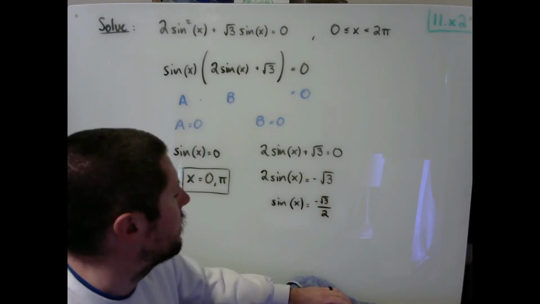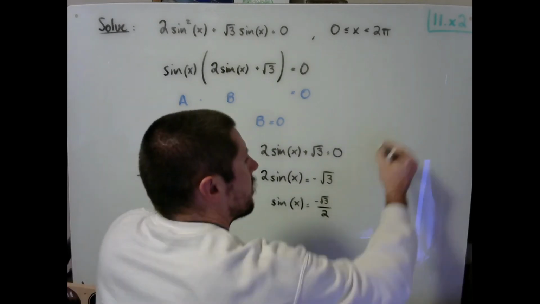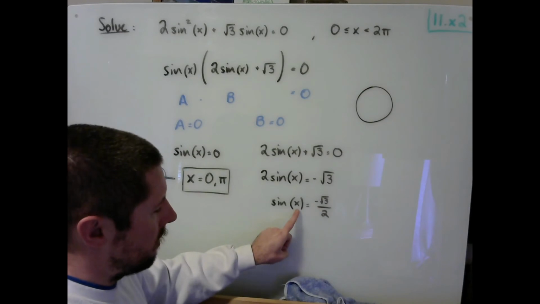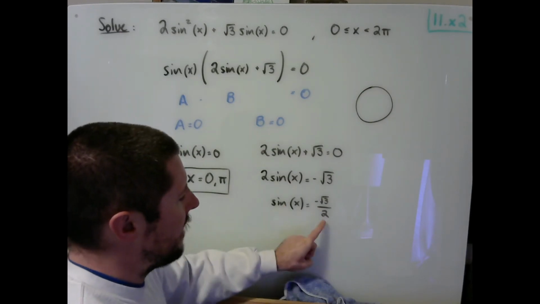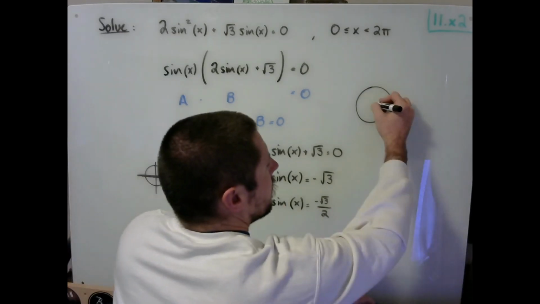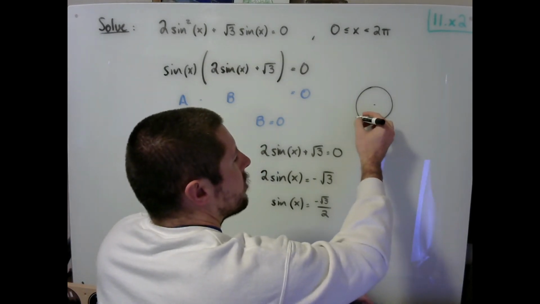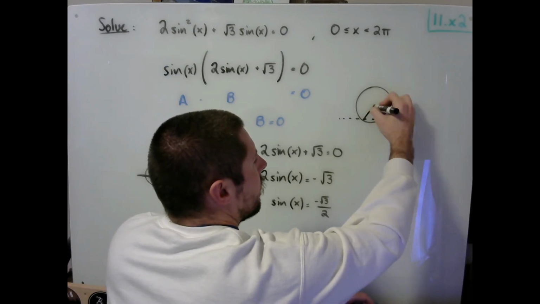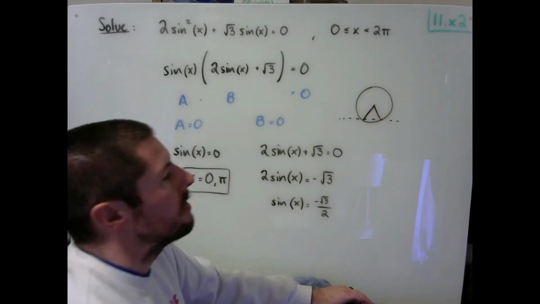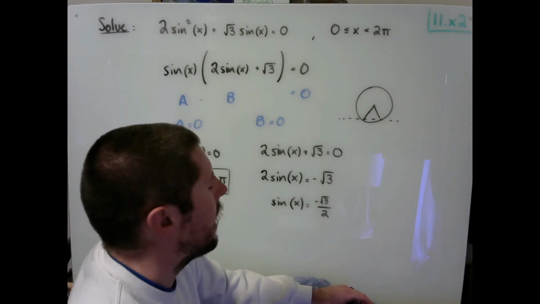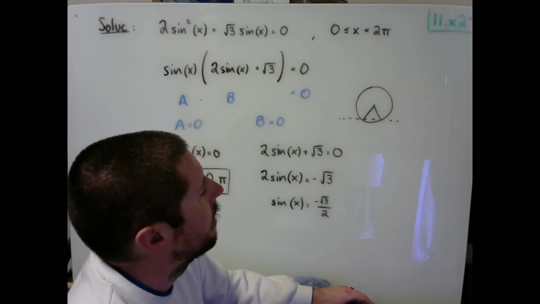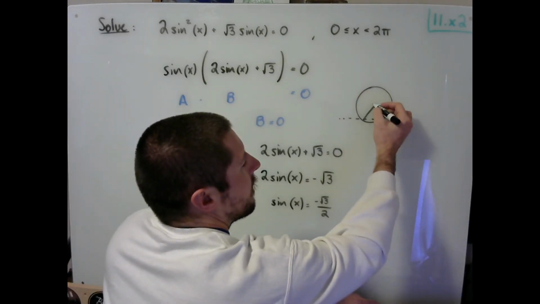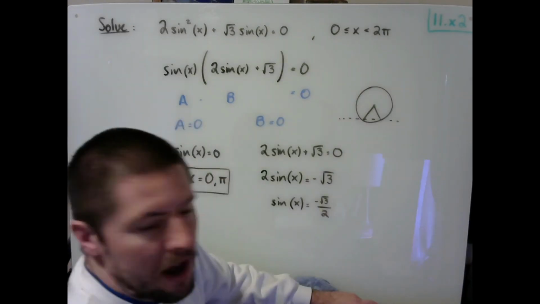So now I'm asking myself the question, on our unit circle, what angle gives a height of negative root 3 over 2? Starting from the middle here, I know that I've got to get to a height of negative root 3 over 2. And so I'm picturing these 2 angles down here as being the 2 that give me that height of negative root 3 over 2. If I am counting this in terms of radians, I'm seeing these as something like my pi thirds is out there, but I always forget which one.